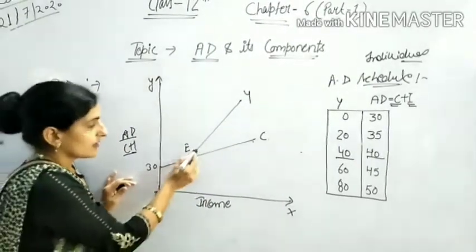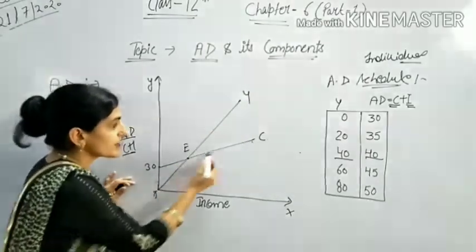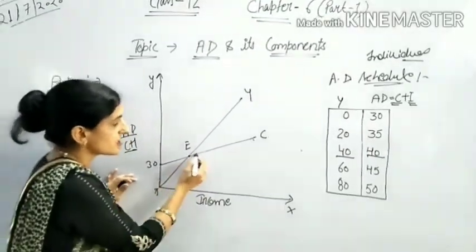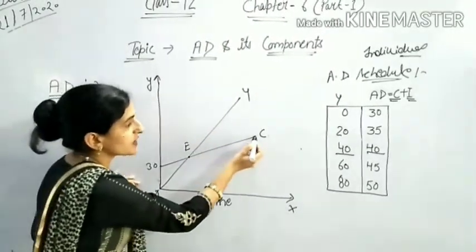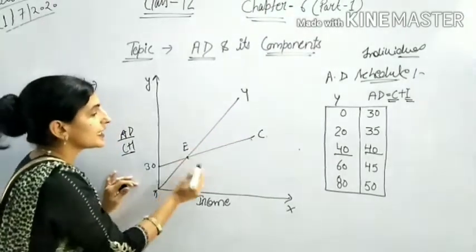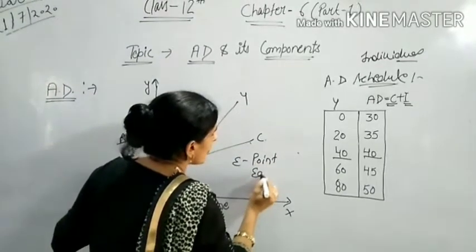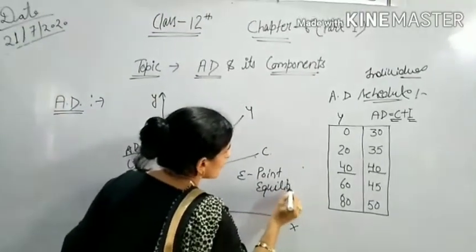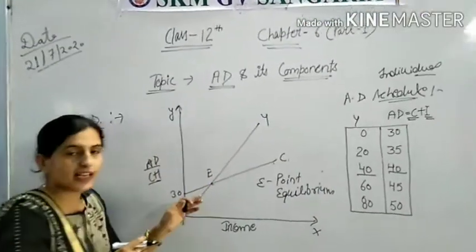Income is a positively sloping line, consumption is also, but since consumption is less than income, the consumption line is below the income line. E point is the point of equilibrium, where Y and C both are equal.